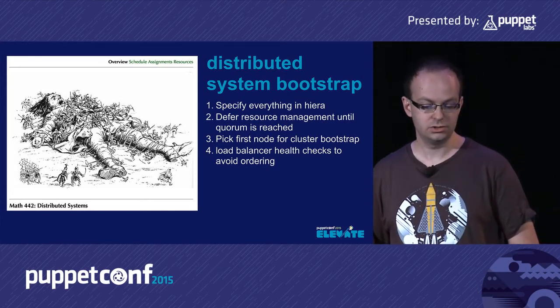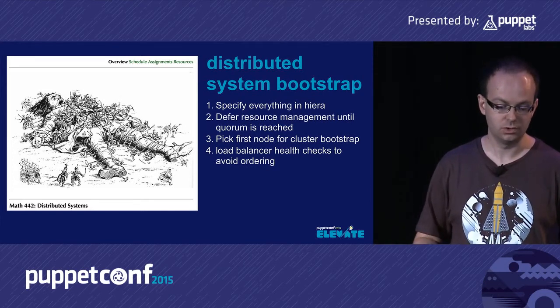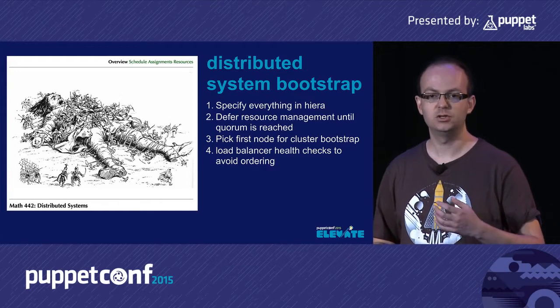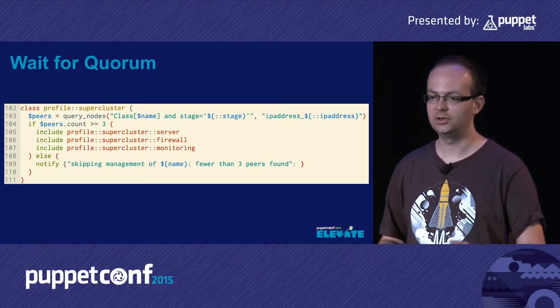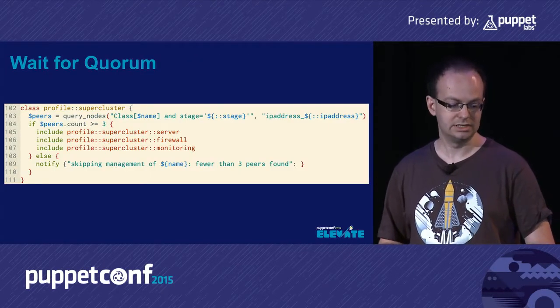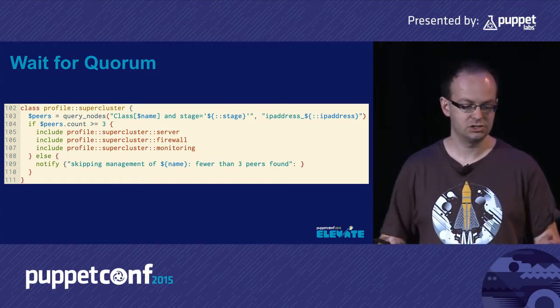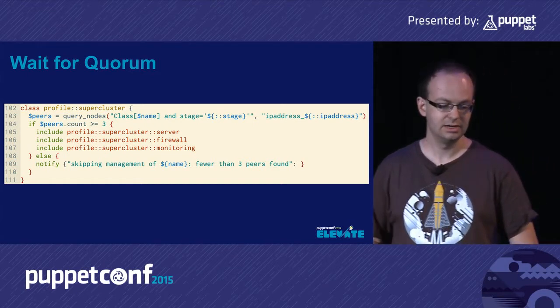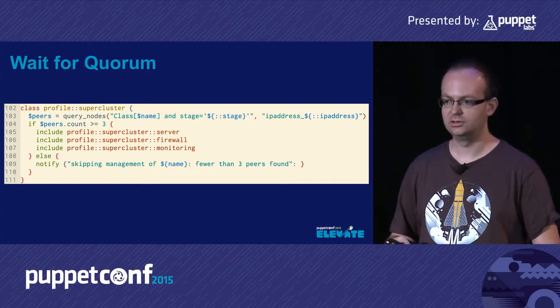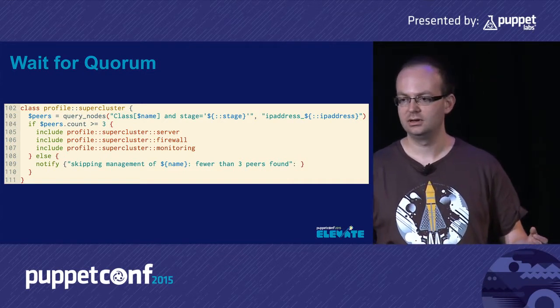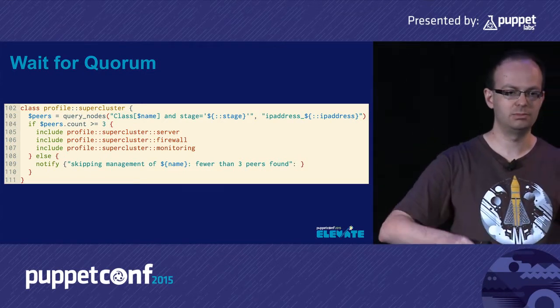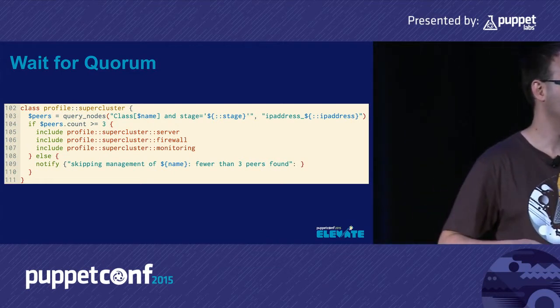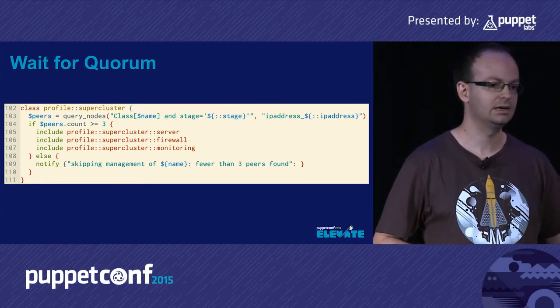So one of those that I have a code example for is deferring management of some of those resources until you reach a quorum. So let's say we have a new magic service called Supercluster here. And Supercluster will not be happy if each of the nodes comes up at totally different times when the other nodes aren't ready for it yet.